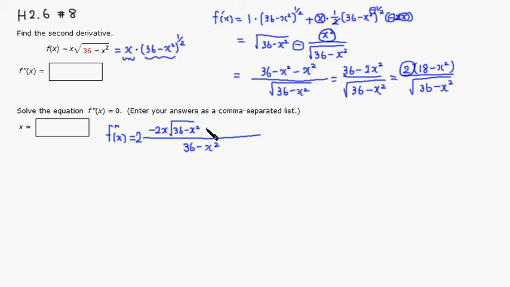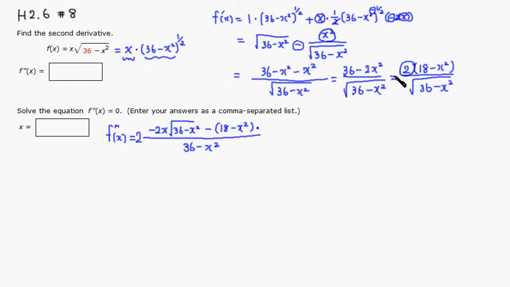And minus the top, quantity 18 minus x squared, times the derivative of the bottom.